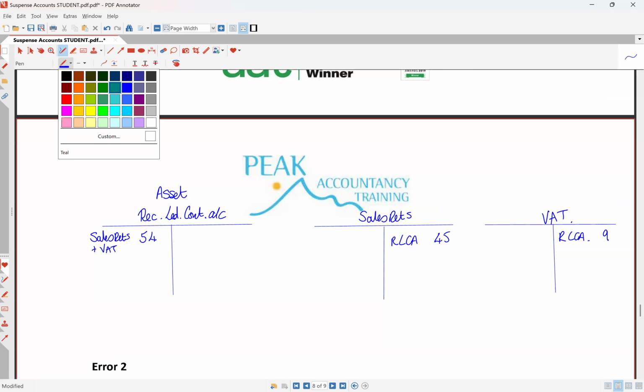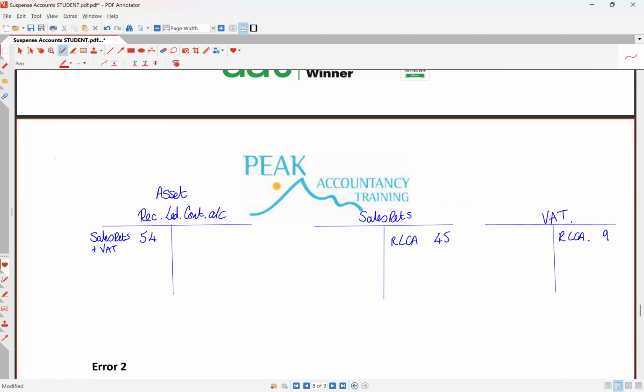So just to change my colour, the red is going to be what we should have done. What we should have done. So we should have credited 54 to the receivables ledger control account, debited 45 to sales, and we should have debited 9 to VAT. That's what we should have done.